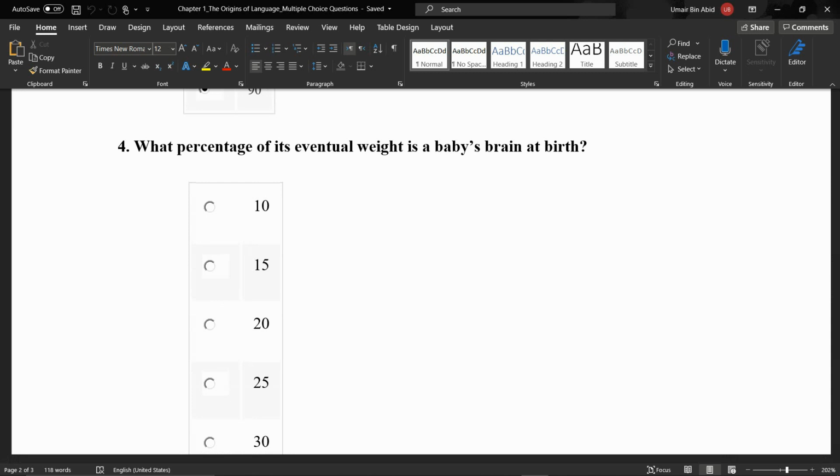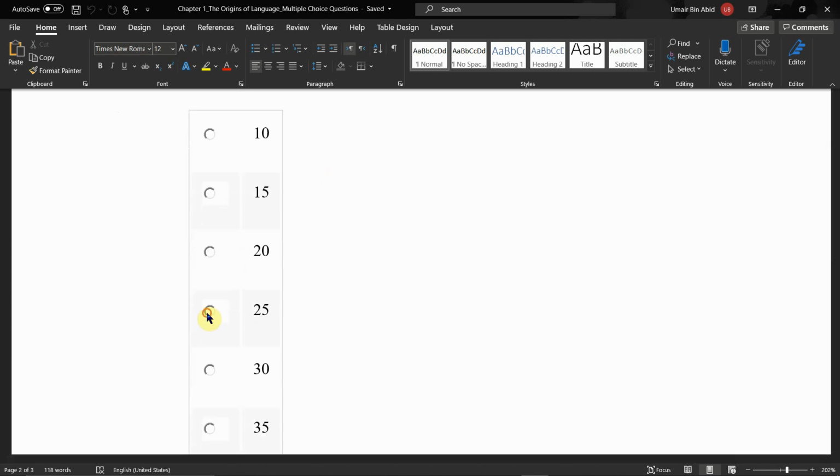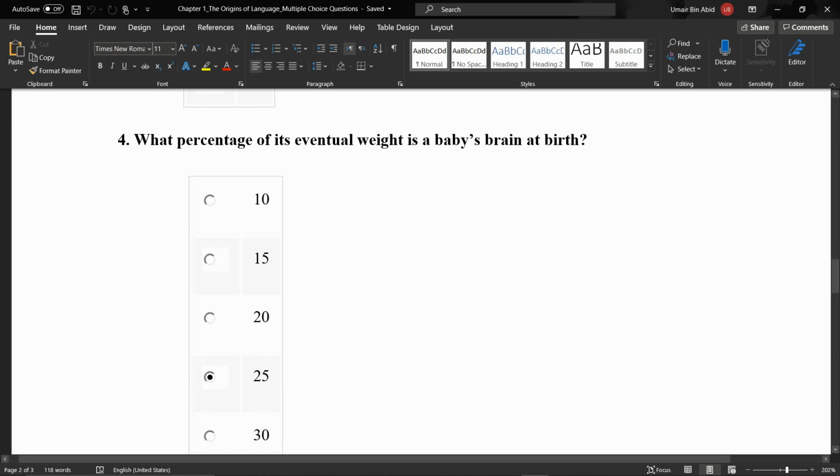So for example, if a baby is born and his weight at that time is, let's say, 4 kg, then one fourth, in other words 1 kg, will be just of brain. So once again they are not asking in the same words, but in different words: what percentage of its eventual weight is a baby's brain at birth? Because it is one quarter, in other words the fourth part, 25 will be the correct answer. Because if we have 100, what is the fourth part of 100? It is 25.